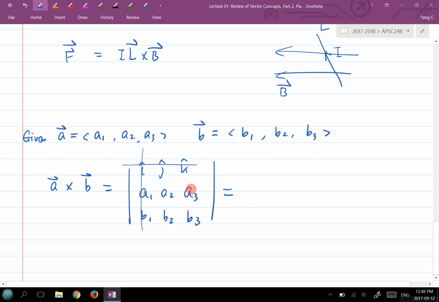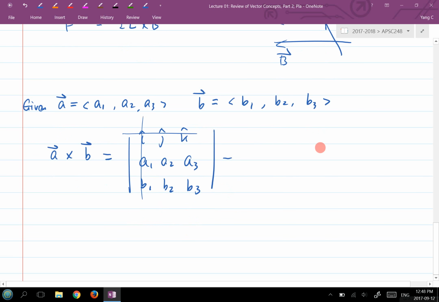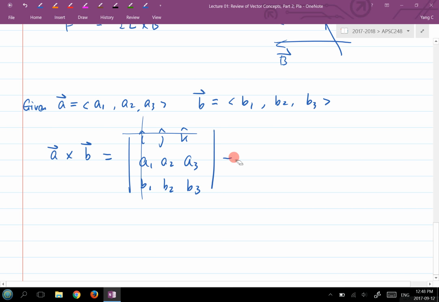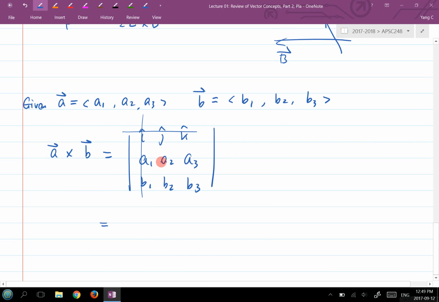In short, you're going to end up with a formula. First row: A2, A3, B2, B3, I hat. The second one here is a minus.